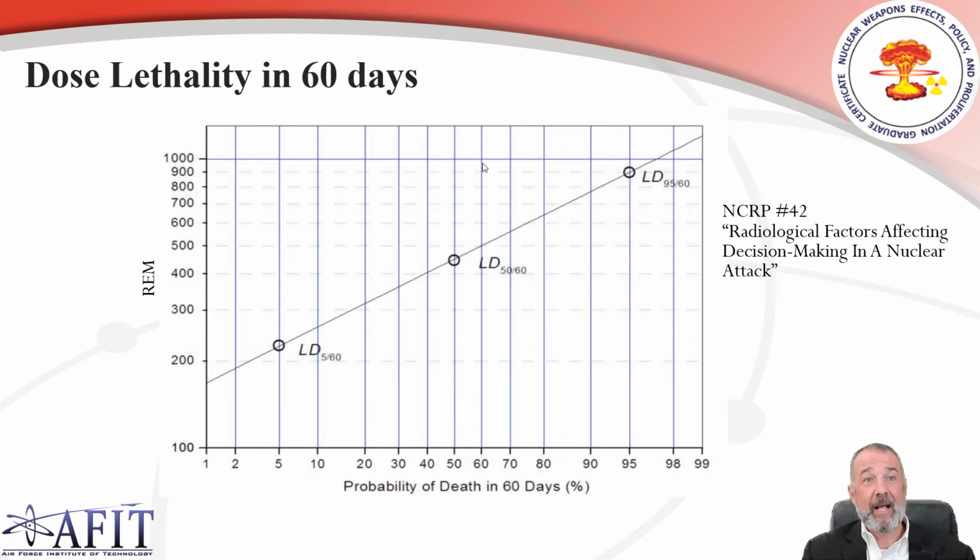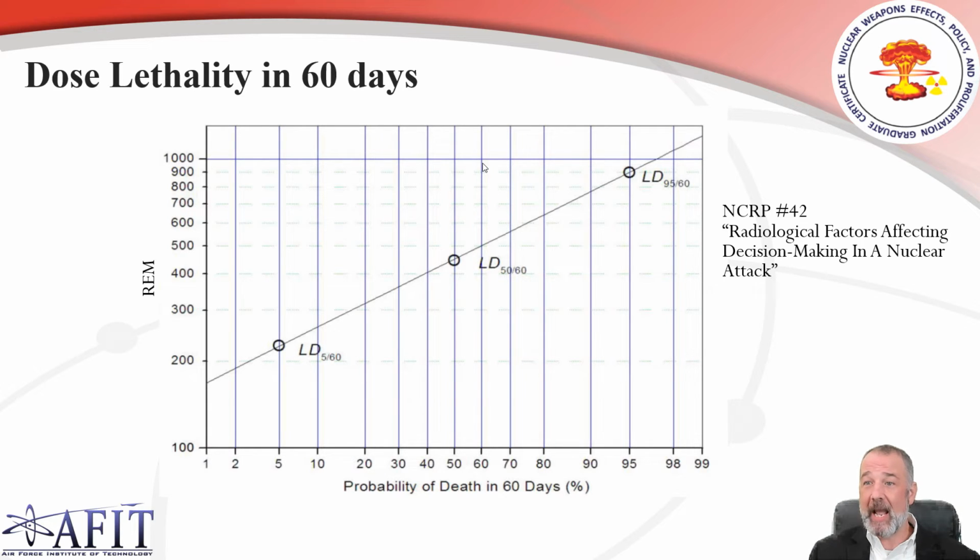So, dose lethality. Some of you may have heard of the term LD50, which is shorthand for lethal dose of whatever in 50% of the population. Now that can be further expanded by adding another number, something like LD50-60, which is lethal dose in 50% of the population after 60 days.